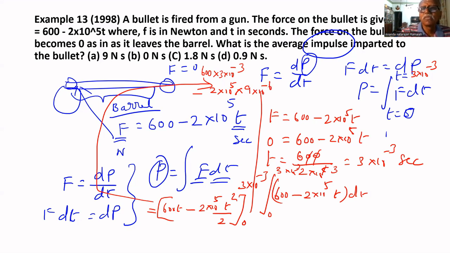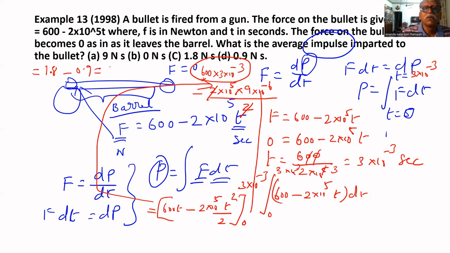600 into 10 power minus 3 means 1.8. Then 10 power 5 into 10 power minus 6 is 10 power minus 1, and the 2 gets cancelled by the divided by 2, so it is 0.9.